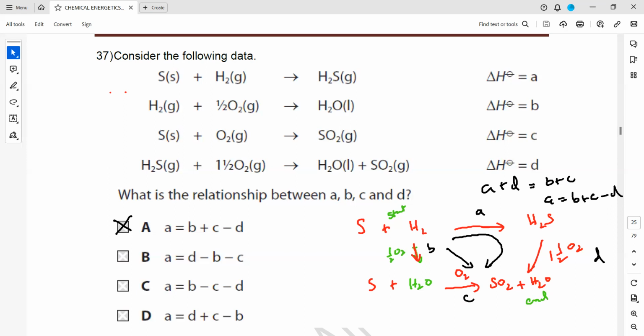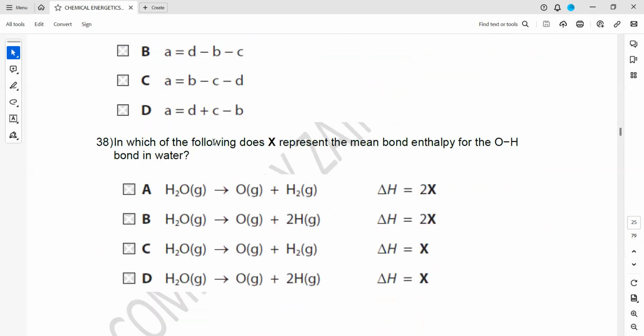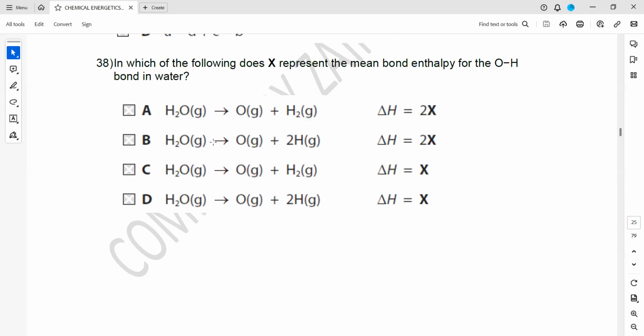Is it clear? So using Hess's law, we relate the reactions with each other.